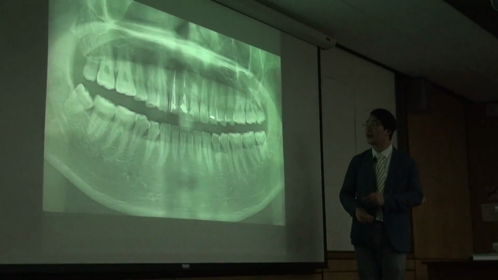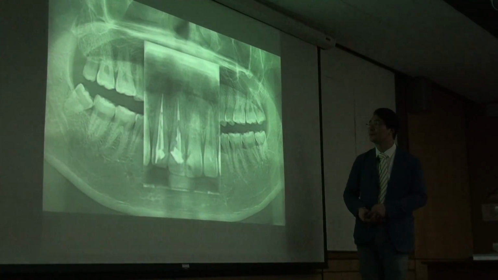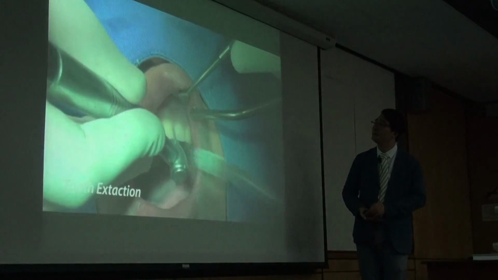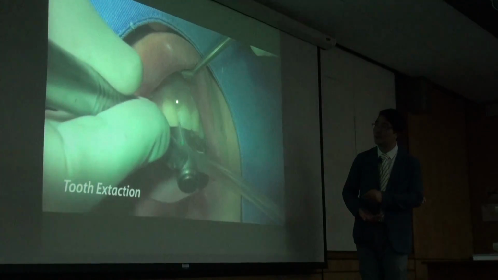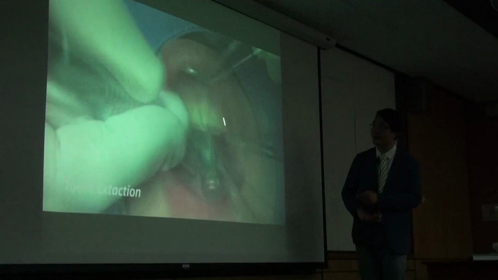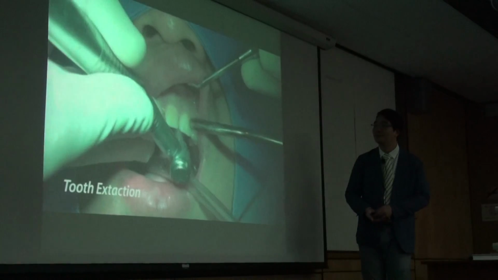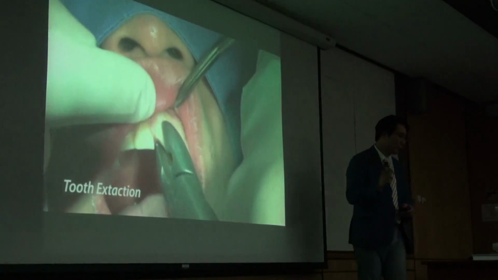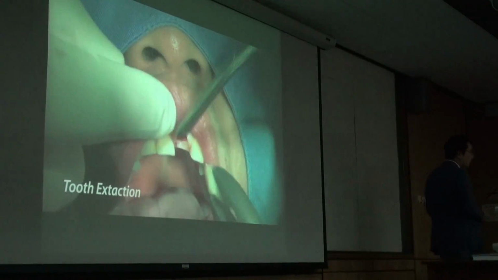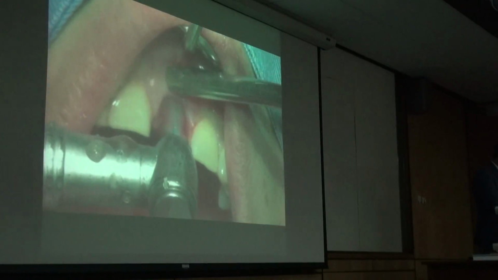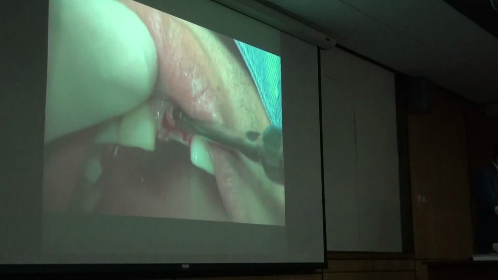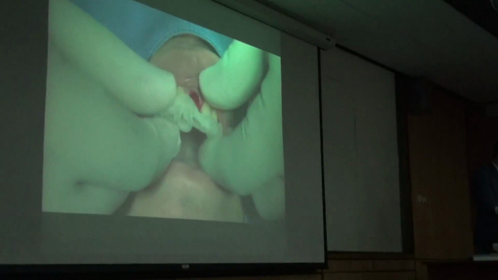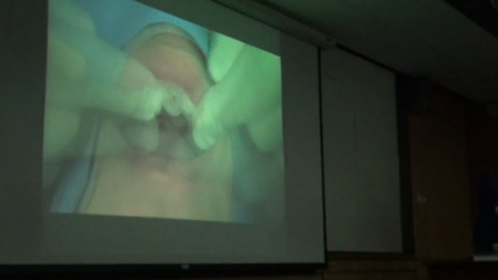In a very hard bone case, cut out the resin mock-ups first. Extract your tooth very carefully, and extract the residual root rest. And put in a stent.